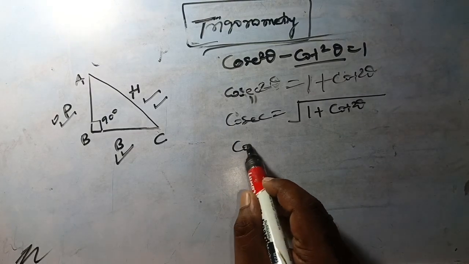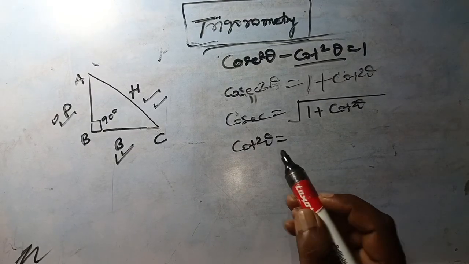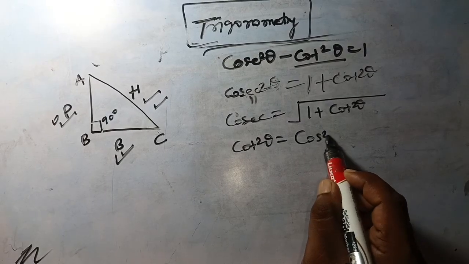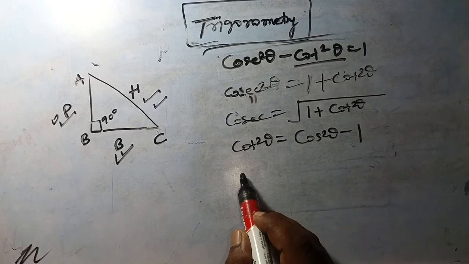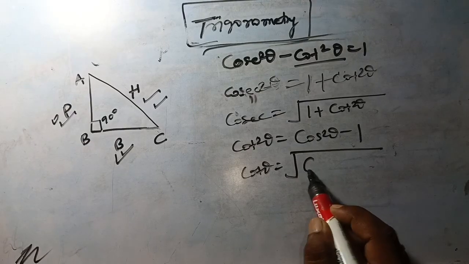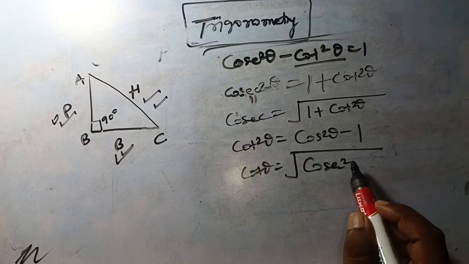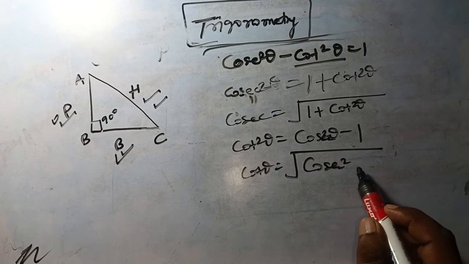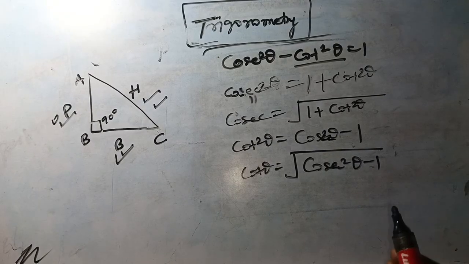Again, cot square theta is equal to cosec square theta minus 1, and cot theta is equal to root under cosec square theta minus 1.